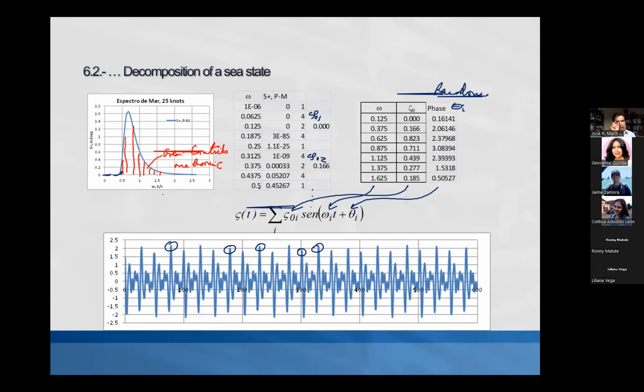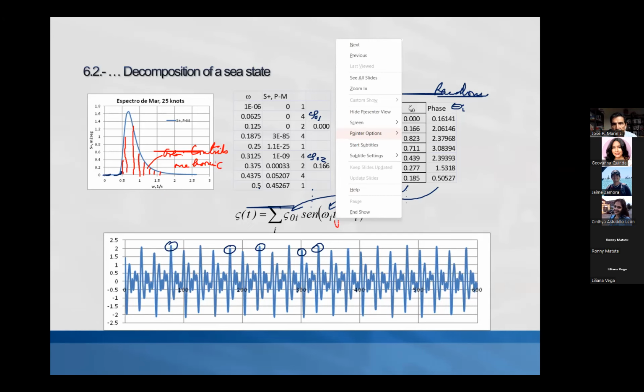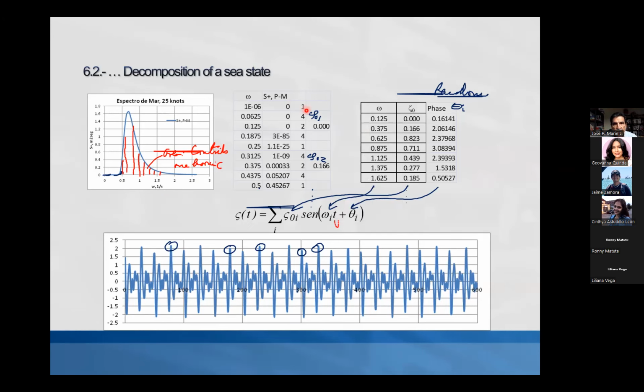So we need the area of each one of these strips, okay? If the strip is not that small, in that case, we can do something like this in this example, which is basically an integration using Simpson rule. So we go from very close to 0 until 0.25 radians per second. And then we go from 0.25 to 0.5 and so on.